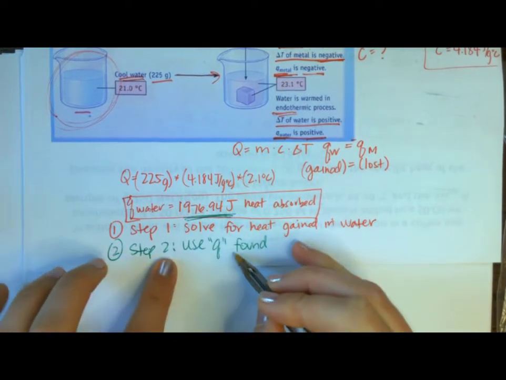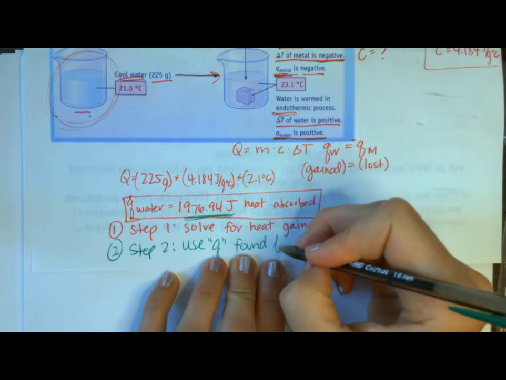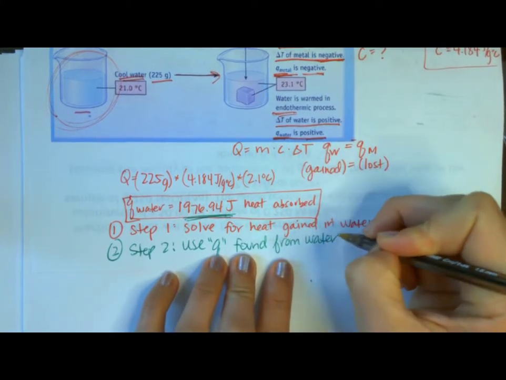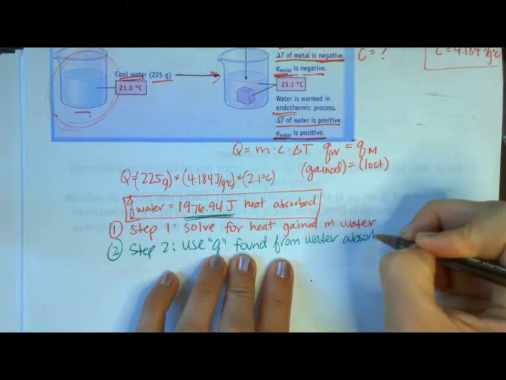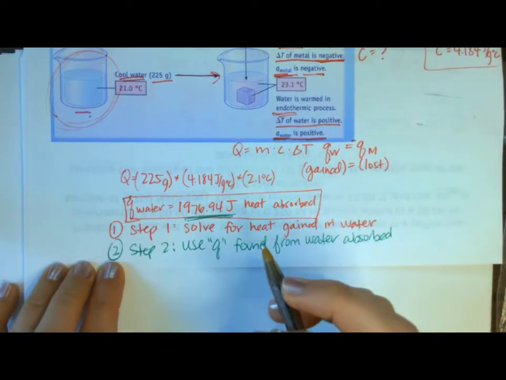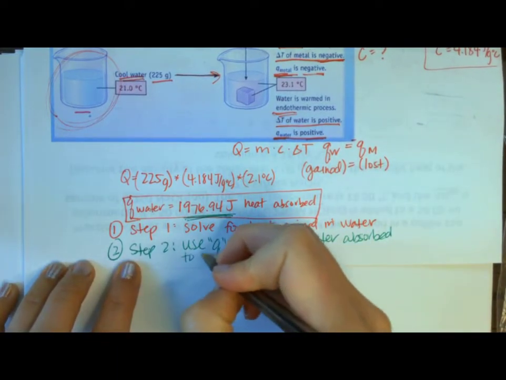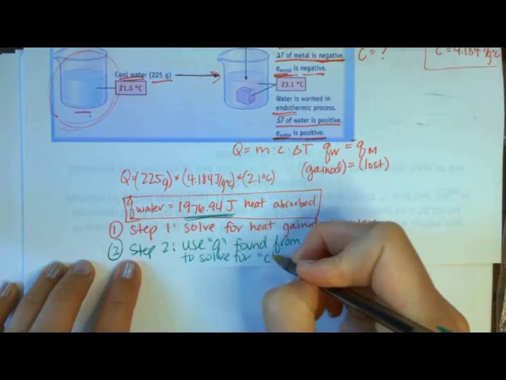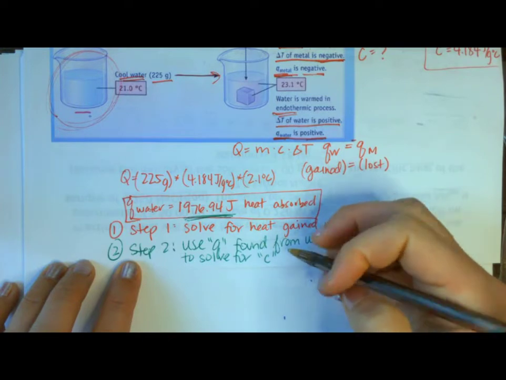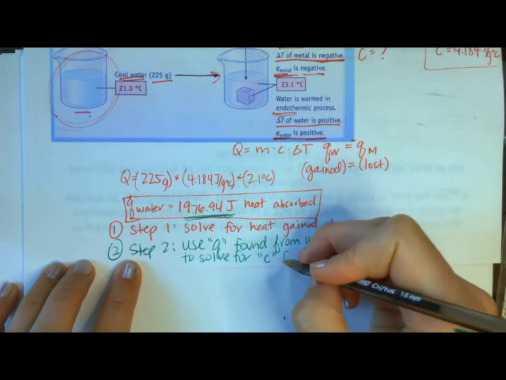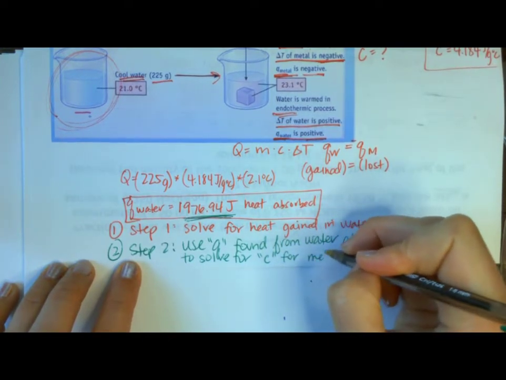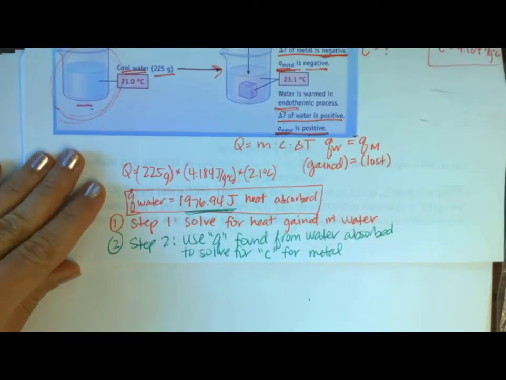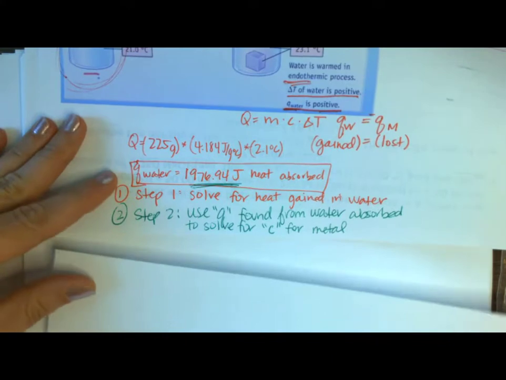So we're going to use the Q found from water that was absorbed to solve for the specific heat, or C, for the metal, because that will then be our only unknown variable.